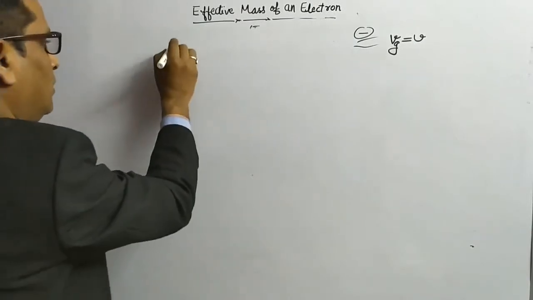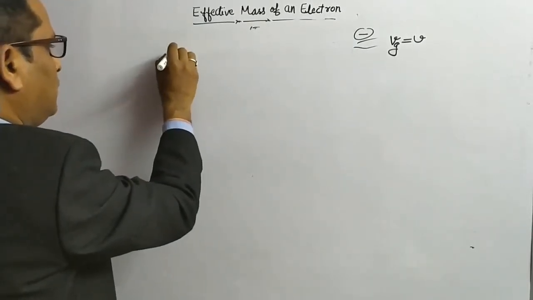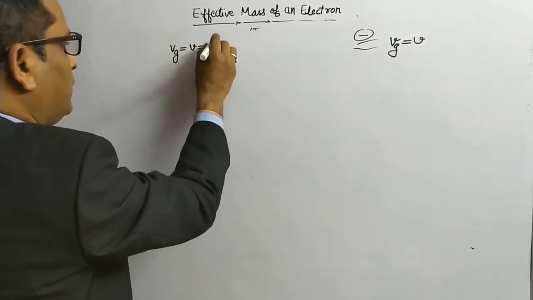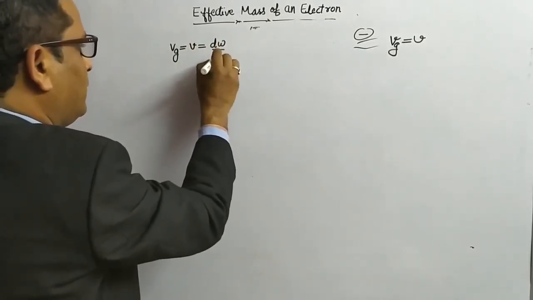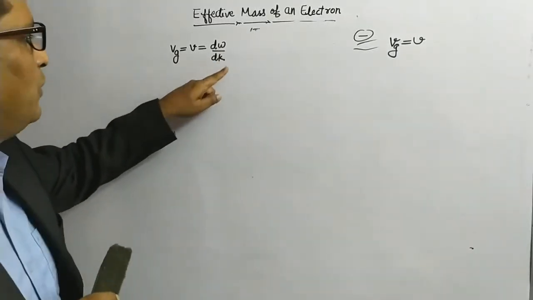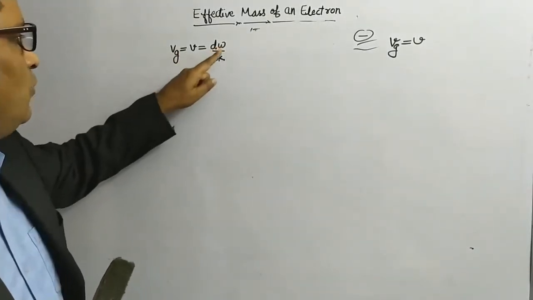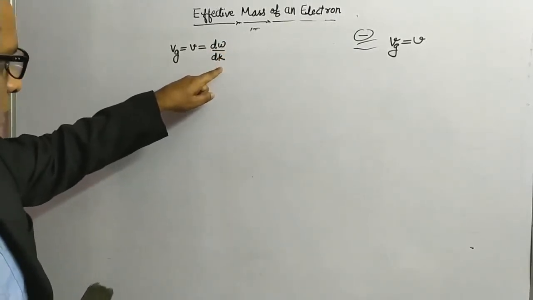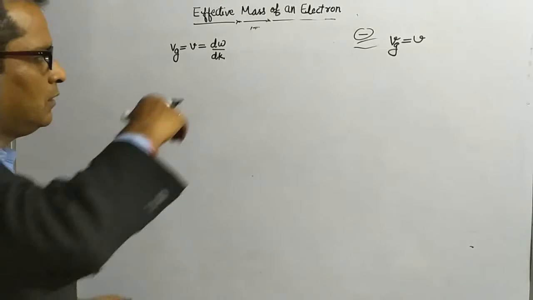So group velocity Vg associated with the wave can be written as d omega by dk. This is the formula we use for the group velocity, where omega is the angular frequency and k is the wave vector.